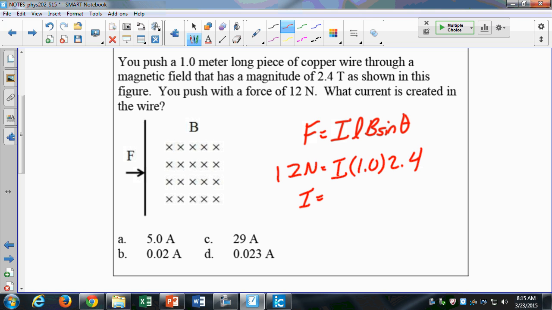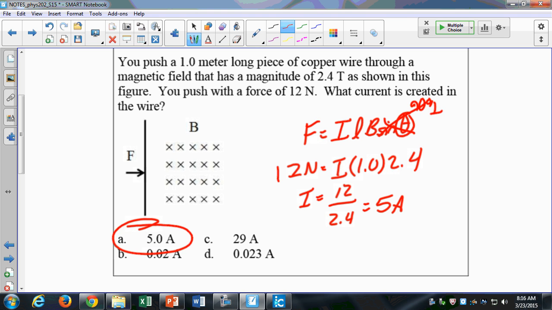So I is 12 over 2.4, which is 5. Since sine theta is equal to 1, theta here is 90 degrees, right? So that goes away. That's just equal to 1. That's often going to be the case, right? When they're perpendicular from the other side.